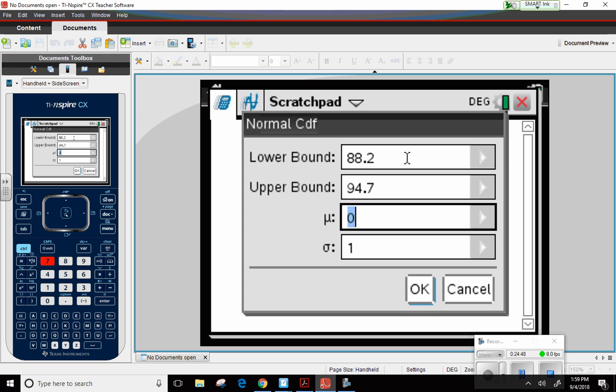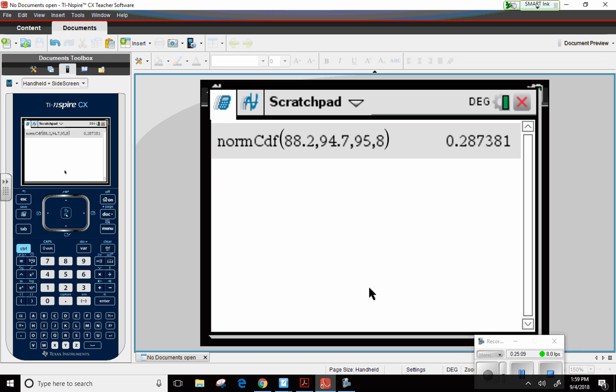And then my mean was 95, that's my mu. We already knew that. And what was my standard deviation? 8. As soon as I click OK, it'll give me the percentage I'm looking for.